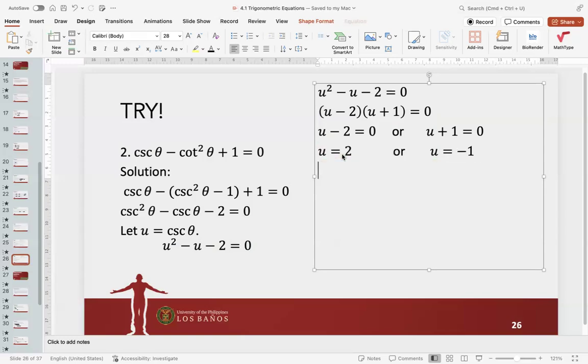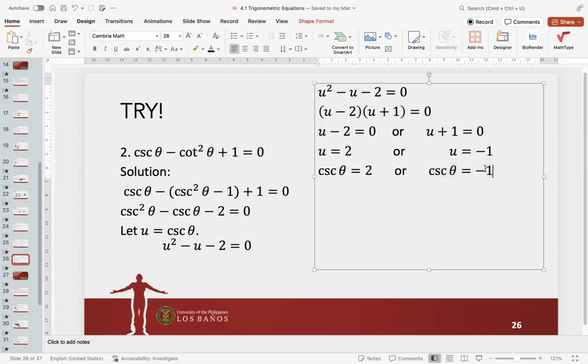So let's just copy the entire thing. And then we replace u with cosecant theta. So we have this. Okay. Just to make it easier for us to solve or to remember, we know that cosecant again is the reciprocal of sine.